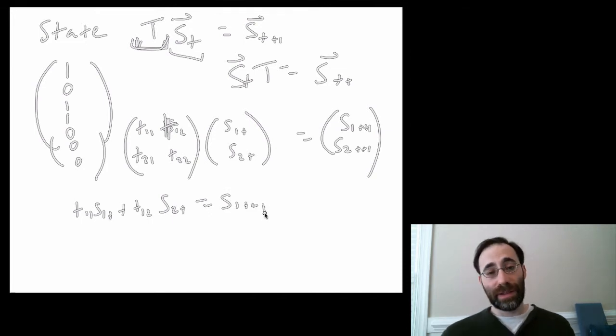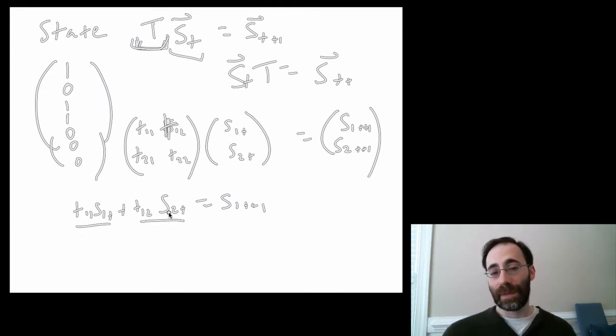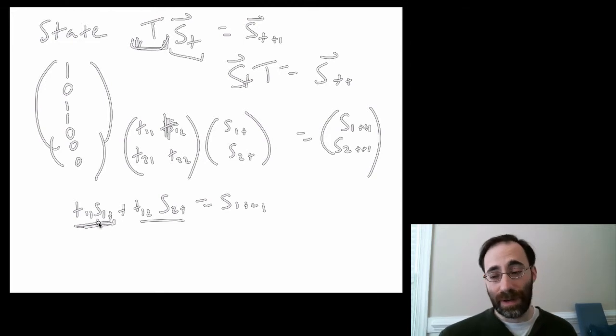So the first element of the state at time t plus 1 is going to be this plus this. And what do those mean? The first one is if you started in state 1 in the previous period, this is the chance you stay in state 1. So T11 here is the chance you remain in state 1.